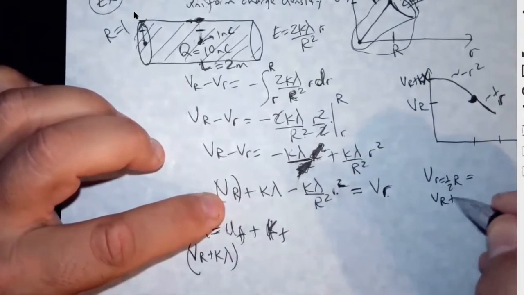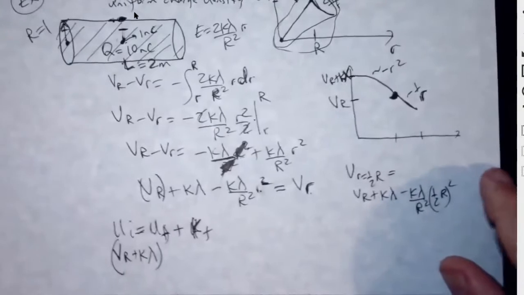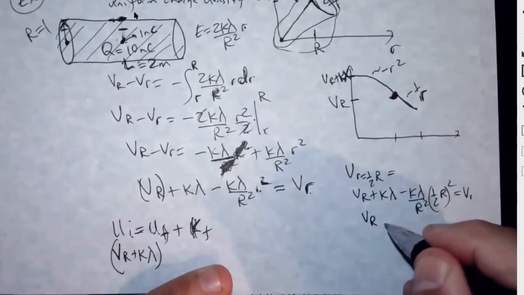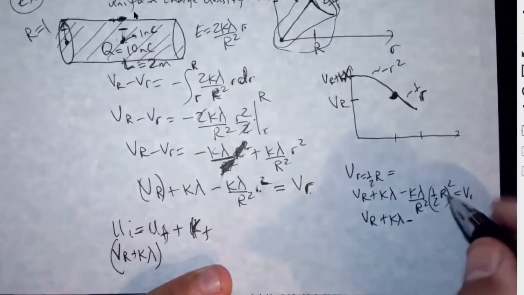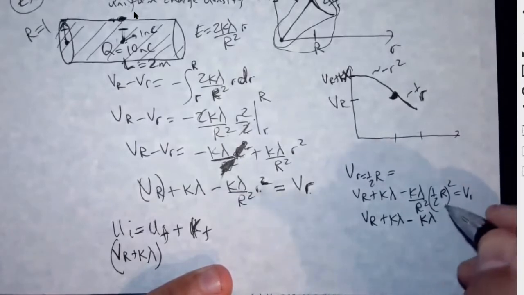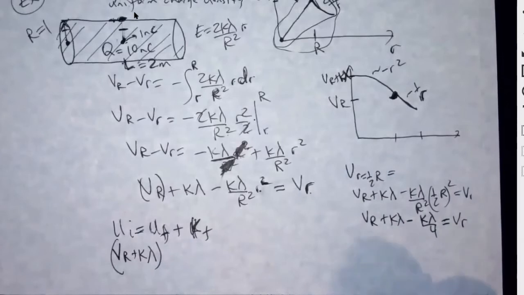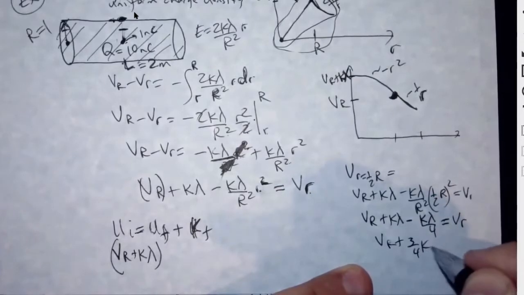V sub r plus k lambda minus k lambda over r squared, half r squared again. Right? So then you get V sub r plus k lambda minus, r squared cancels, k lambda over 4. And then you get V sub r plus 3/4 k lambda.